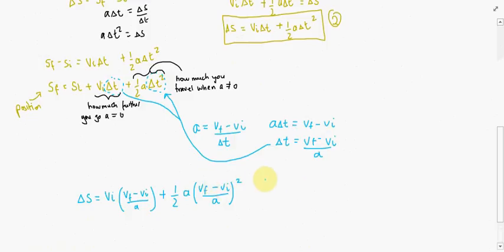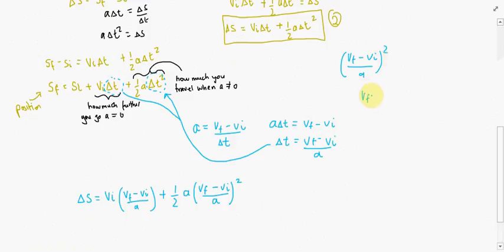So just to make this a little clearer so it doesn't get too messy, Vf minus Vi over a squared is going to be, I'll just rewrite it up here. So Vf minus Vi over a and all of that squared is going to look like this.